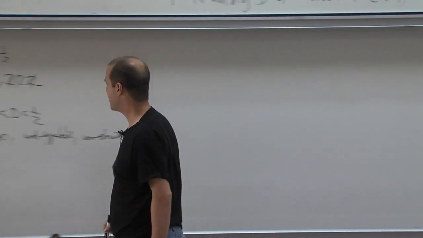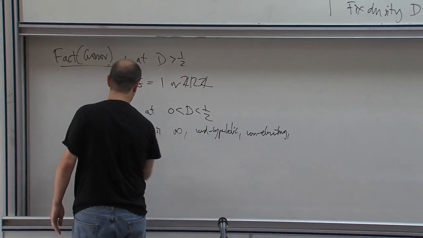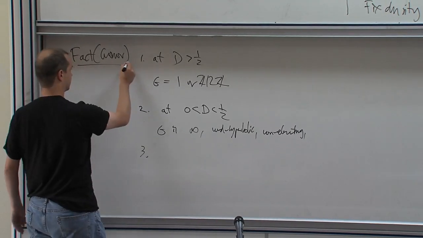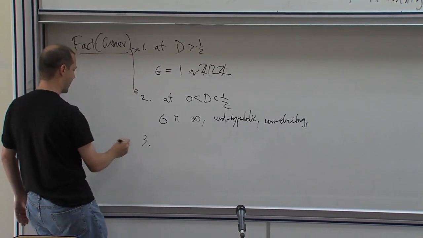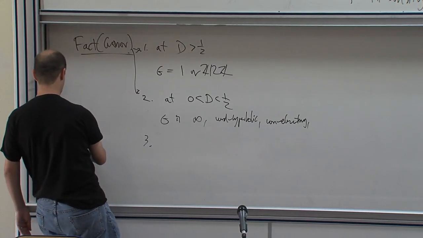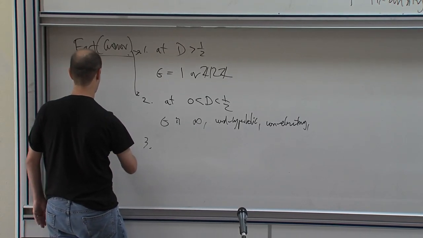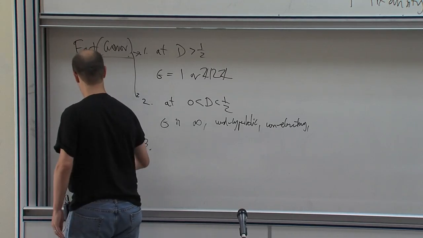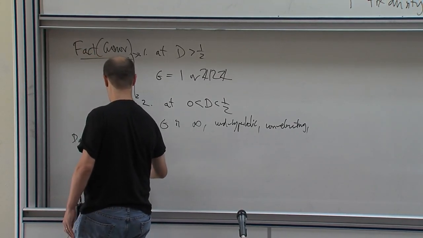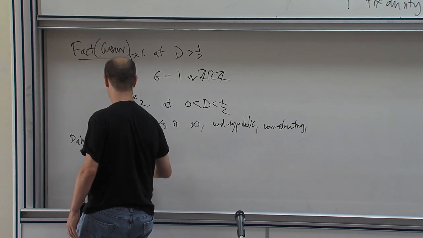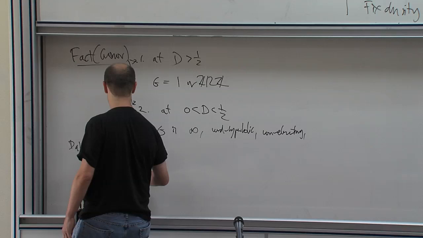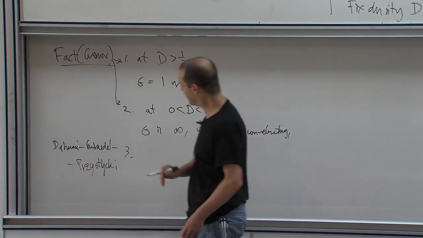And then 3, so this is Gromov 1 and 2. This is a very nice theorem of Dahmani, Guirardel, and Przytycki.